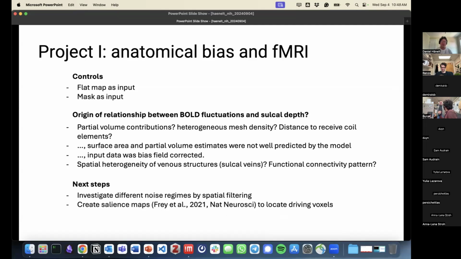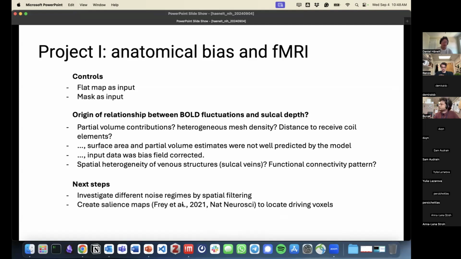They use a shuffling procedure where they always kept maybe 10% of voxels or pixels at the same location, but shuffled everything else around and did this a couple of thousand times to see which pixels or voxels were driving the network most, so to investigate which are the driving voxels that have the most information for the network.